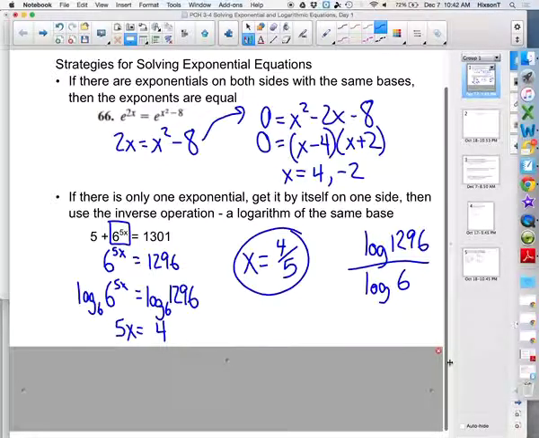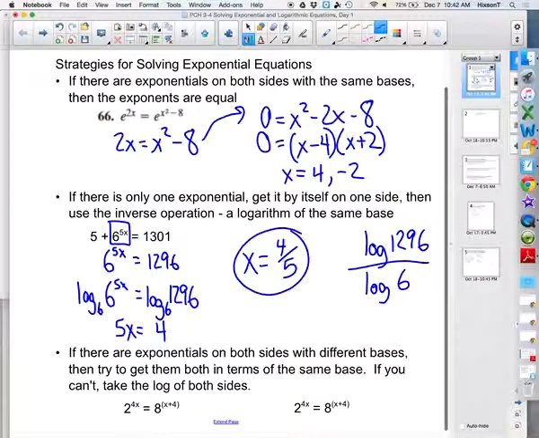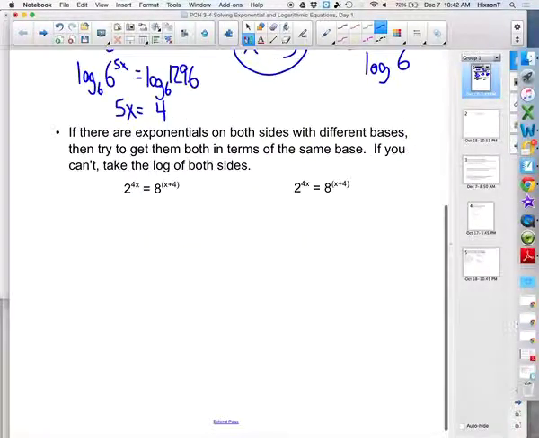The last case is kind of an interesting one, and there's actually two ways you could handle it. One way is easier, but it'll only work, at least easily, at certain times. And that is the case where we have multiple exponentials, but we have different bases.